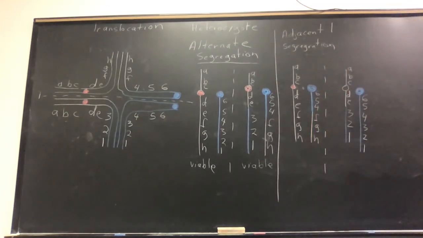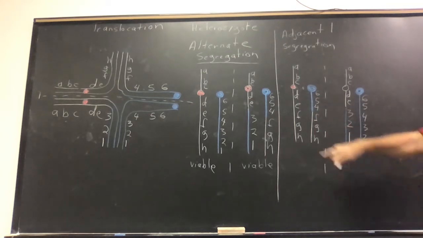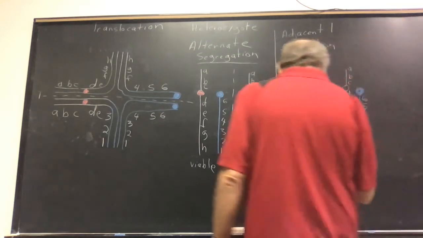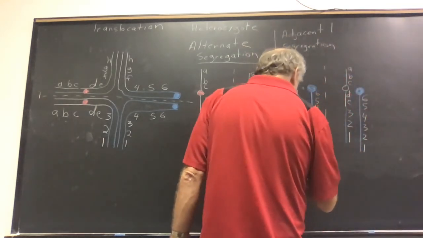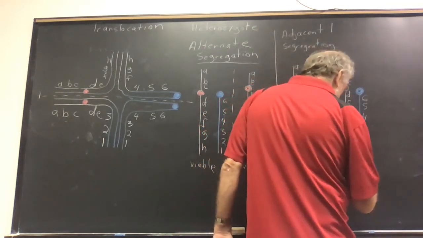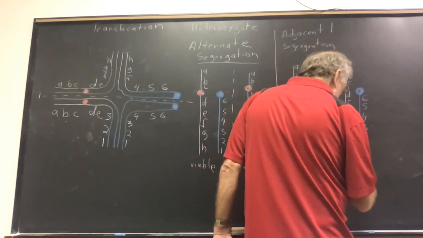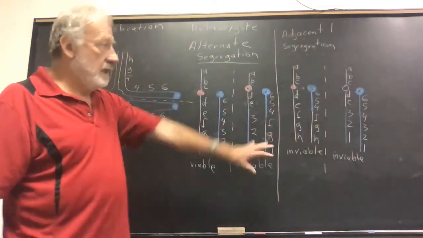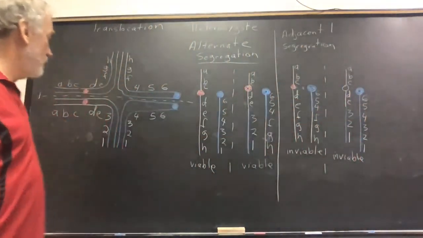And the other half get this pair of chromosomes. So each group of gametes gets 1 normal chromosome, but 1 translocated chromosome. So there are duplications and deletions here. So these gametes would be inviable. So got inviable gametes there.